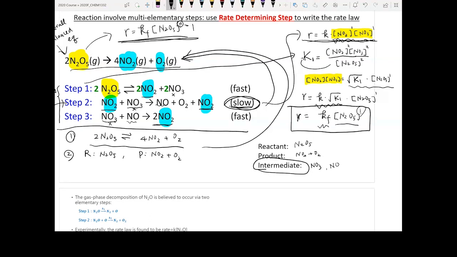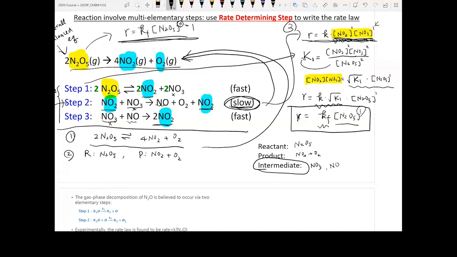First, make sure that all the elementary steps, when they add up, give you the final balanced equation. Second step, identify the reactant, product, and intermediate. Third step, write out the rate law based on the rate determining step, and check out the species here.